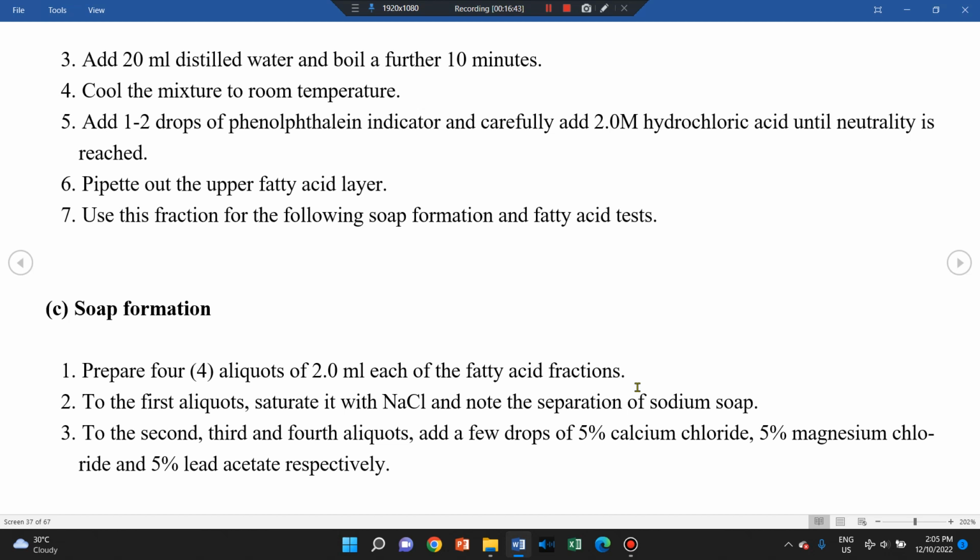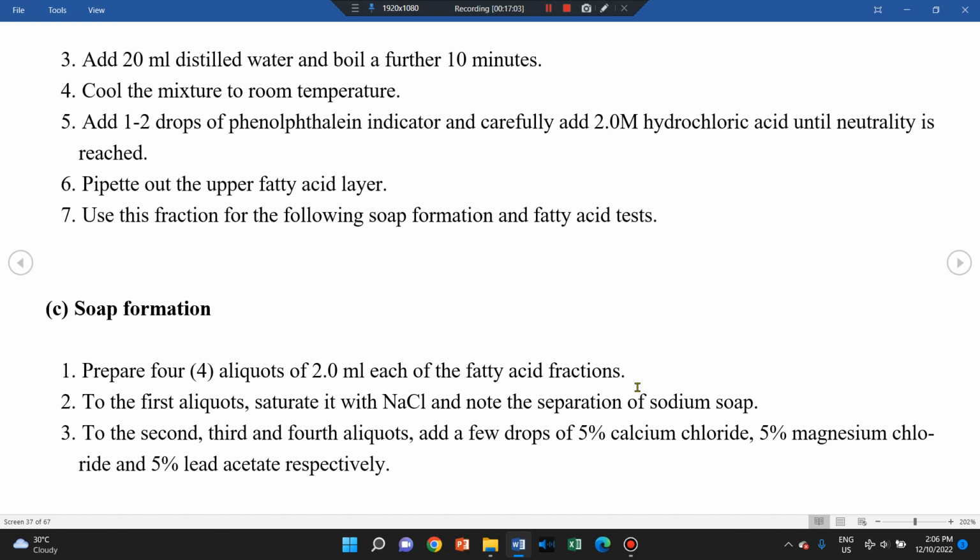Just roughly, when the color changes, you stop. You don't have to worry, it's not pH 7 or whatever. It is to do it roughly, until neutrality is reached. So a rough indicator will do.